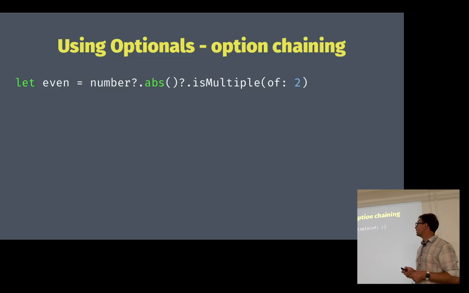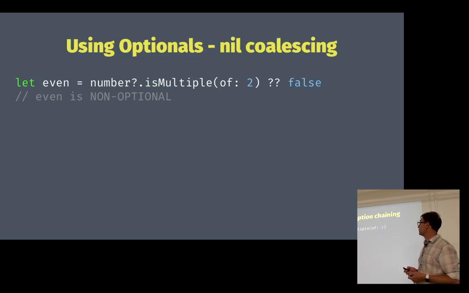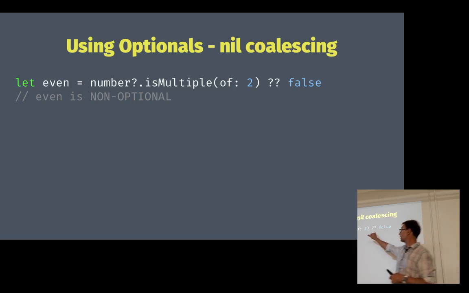And then one of the operators that's commonly used in conjunction with that is what's called the nil coalescing, the double question mark here. Basically, if this returns a value, that's the value. If it returns nil, default to this one. And that's really, really common to use in conjunction with the optional chaining.